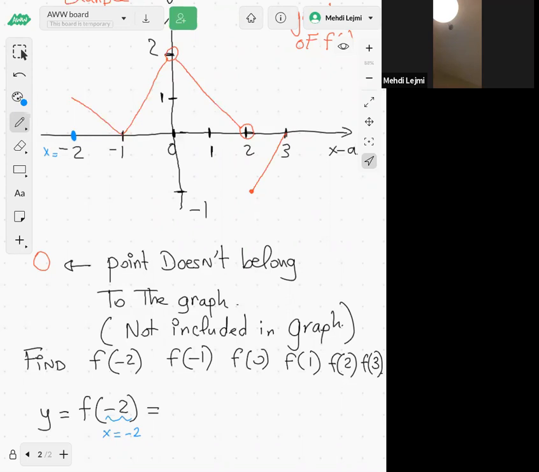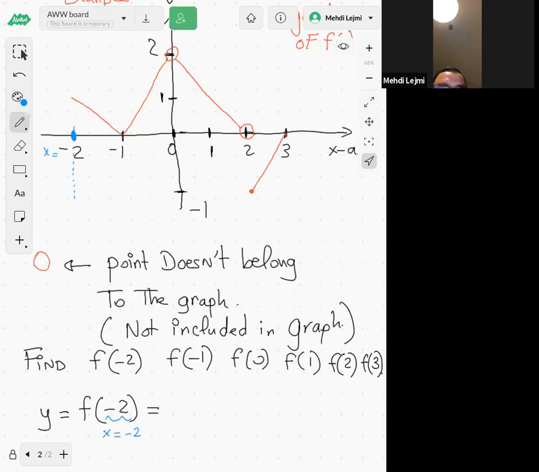Now, I want to find the corresponding output. My input x is -2. So how do you find the corresponding output? Again, all you have to do is draw a vertical line passing through -2, because my input x is -2.